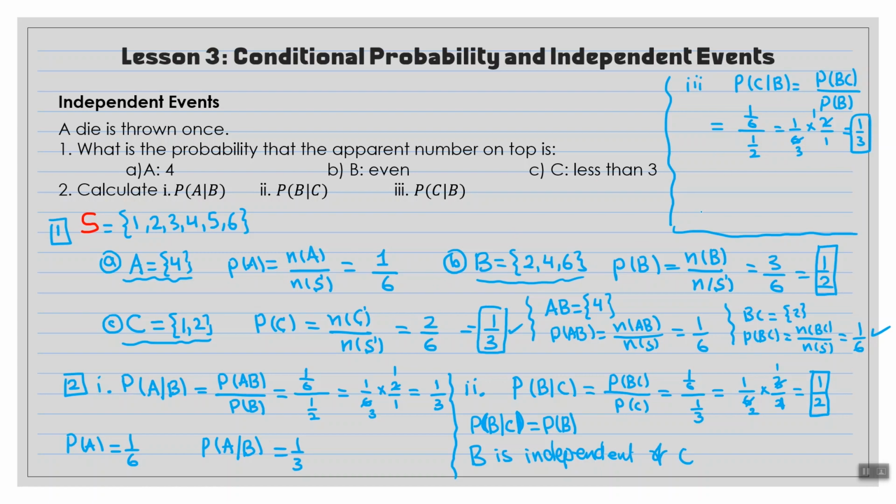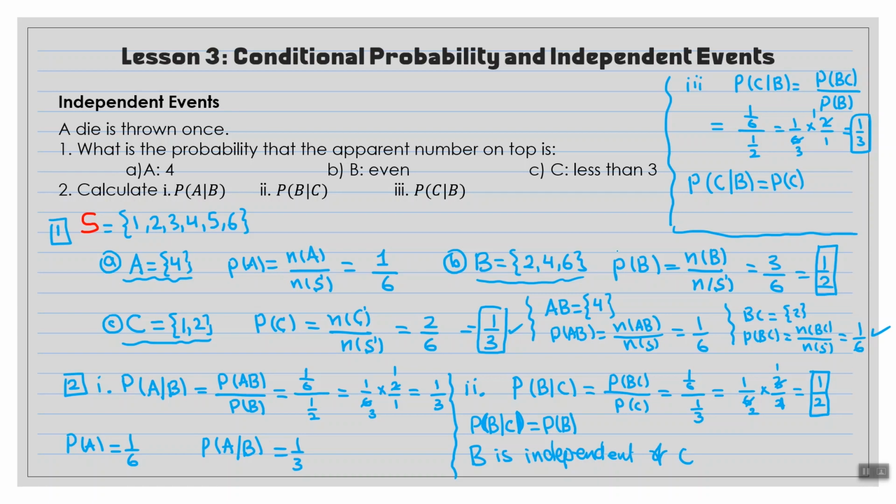So this means the probability of C given B is the same as the probability of C. It's not different. And this means that if B is independent of C, then the opposite is also true.